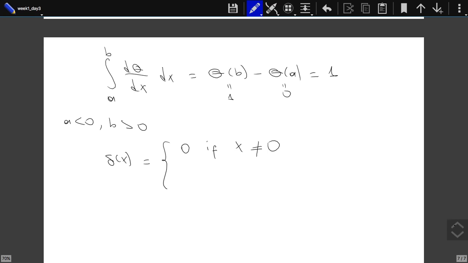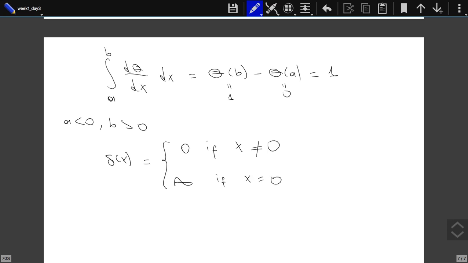But of course, since that function is non-zero only at a single point, nevertheless its integral is finite, its value at that point has to be infinite. Because the integral is basically the width times the height. The width is 0. The height we don't know, but if we multiply it with 0, we want it to be finite, 1. So it has to be infinite.